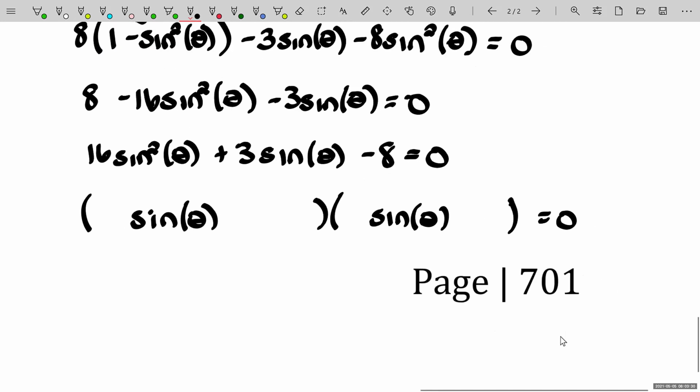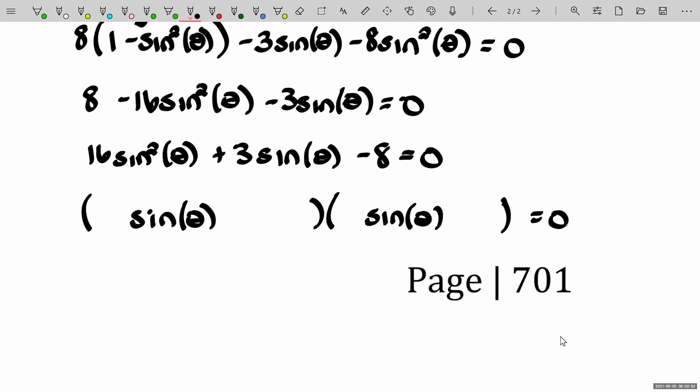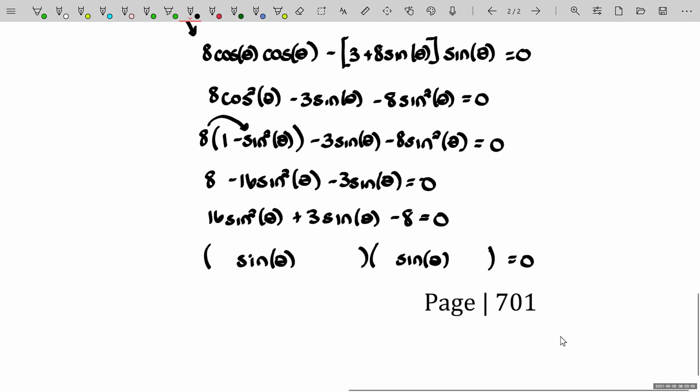I know that a plus or minus 1 would be nice, but it's not going to work out that way. I'm not going to get a nice clean solution to this.